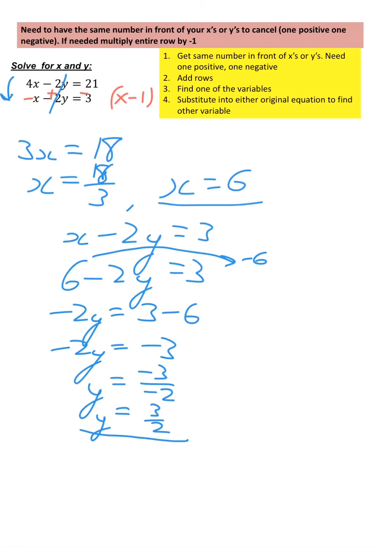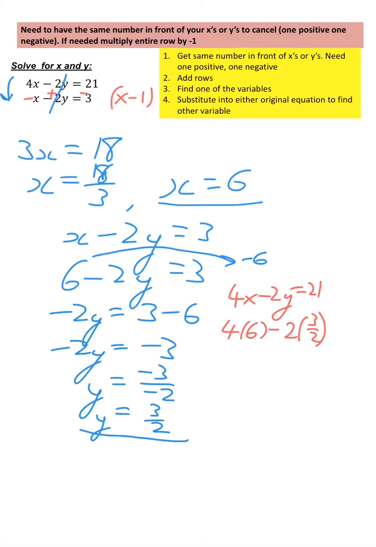Now, sometimes you could be asked to verify your answer. To do this, I'm going to put my x value and my y value into the first equation and see does my equation balance. My first equation was 4x minus 2y is equal to 21. So I'm going to have 4 times 6 minus 2 times 3 over 2.